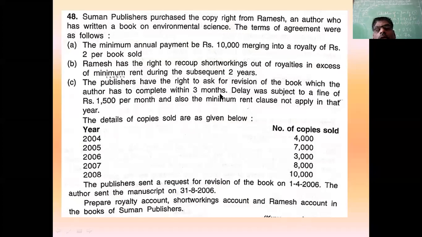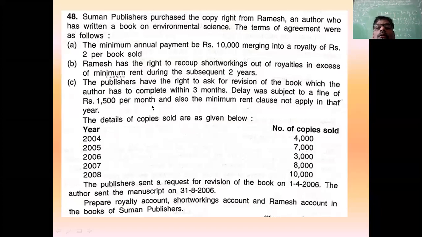That means the author has to revise the book whenever the publisher asks, and has to complete the revision within 3 months and submit it to the publisher. Delay is subject to a fine of rupees 1,500 per month.